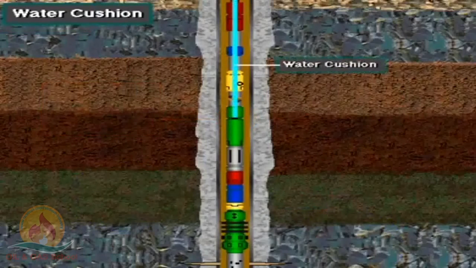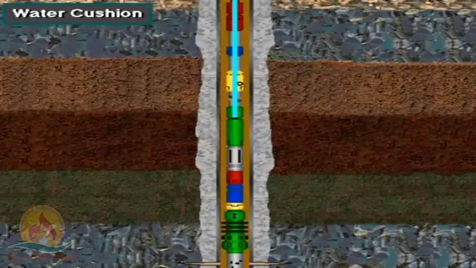The test crew puts water into the drill pipe above the DST tool. This is a water cushion. The water cushion supports the drill pipe against mud pressure in the annulus until the test starts. The water cushion also puts hydrostatic pressure on the formation when the DST tool ports are open.